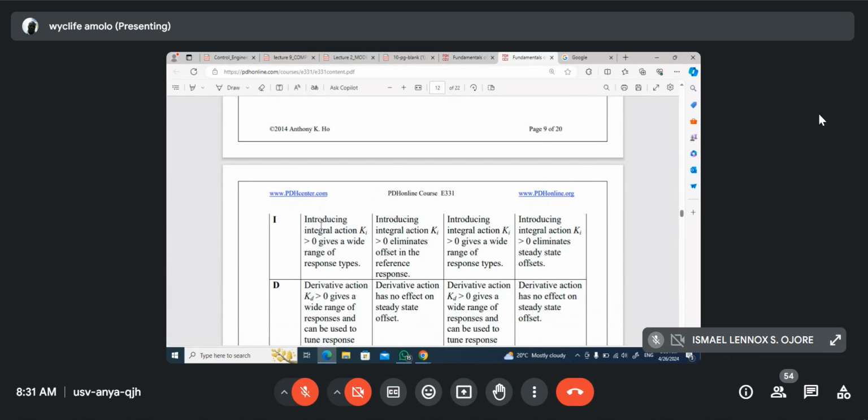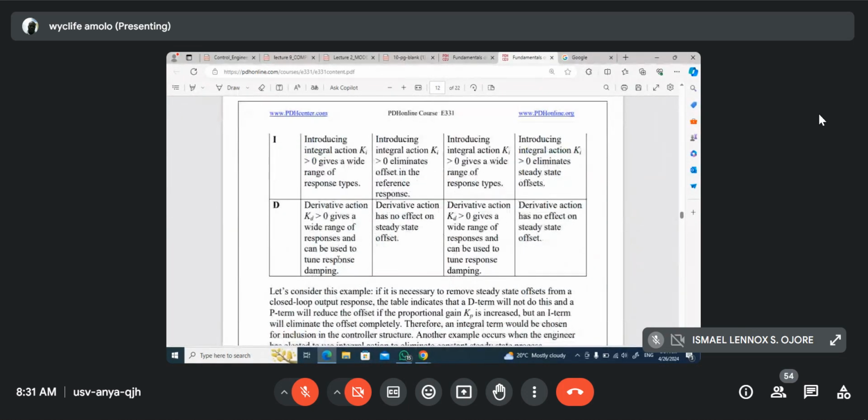Introducing integral action, Ki greater than 0, gives a wide range of response types. Introducing integral Ki eliminates offset. It eliminates offset. Then D, derivative action Kd greater than 0, gives a wide range of response and can be used to tune the damping.